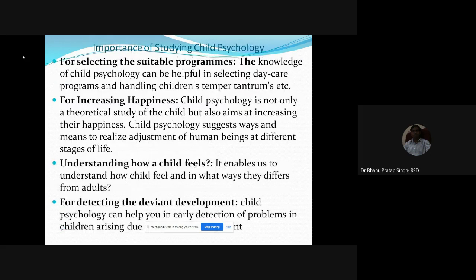The next is why we study child psychology as a teacher, as a human being. There are four important reasons why one should study child psychology. The first is for selecting suitable programs. The knowledge of child psychology can be helpful in selecting daycare programs and handling children's temper.